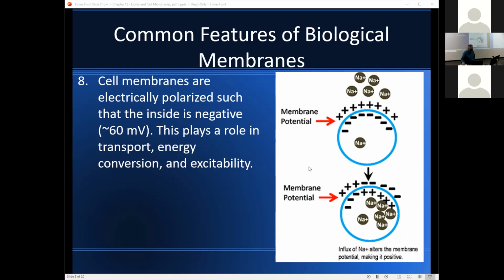So this electrochemical and concentration gradient is extremely important in signal transmission in neurons, and it's important in other cells as well. It's important, like I said, for transport of certain molecules into the cell. Glucose is one example.